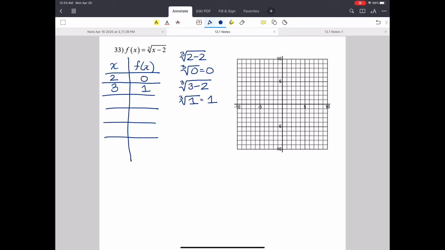Let's say we wanted to make it 8. Well, I can use 10. That's going to be 10 minus 2, which is the cube root of 8, and the cube root of 8 is 2. Now I've got to be careful with the next numbers here.